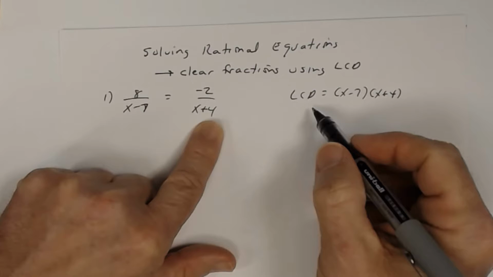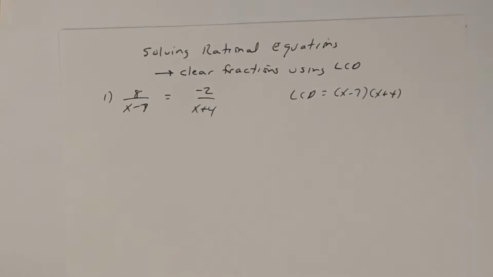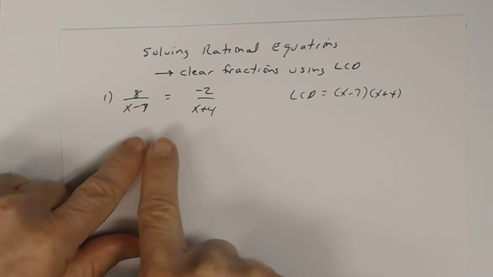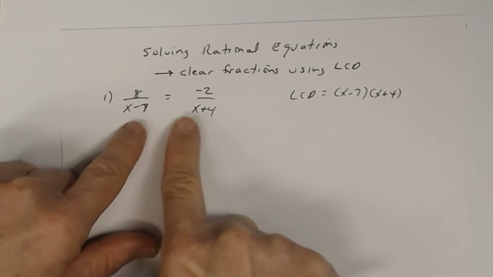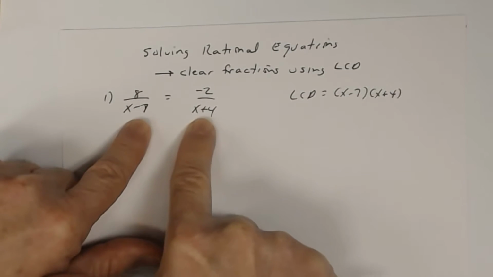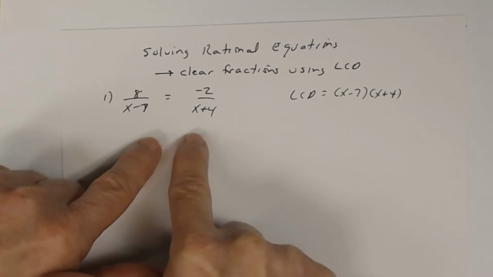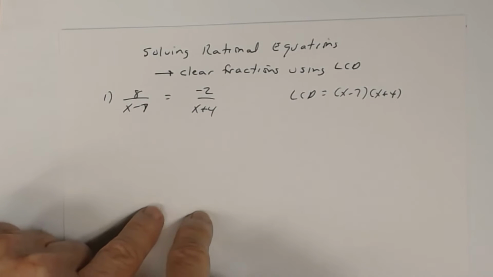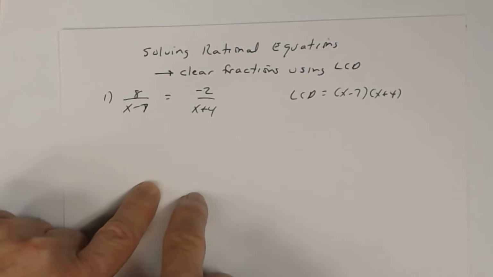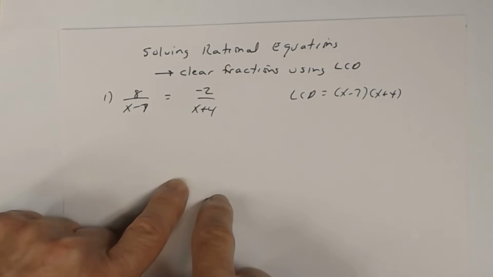Okay? Now, one thing you have to remember from your lessons is that when solving rational equations, the denominators have variables in them. So you have to be careful because you could introduce, if you recall from the lessons, extraneous solutions.